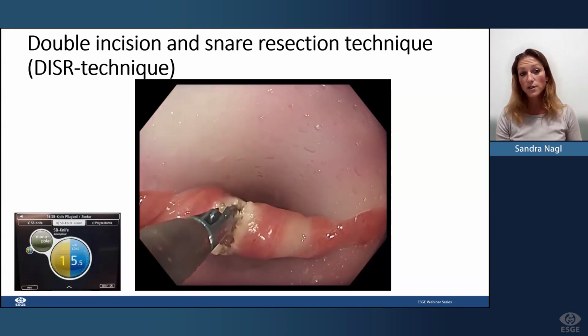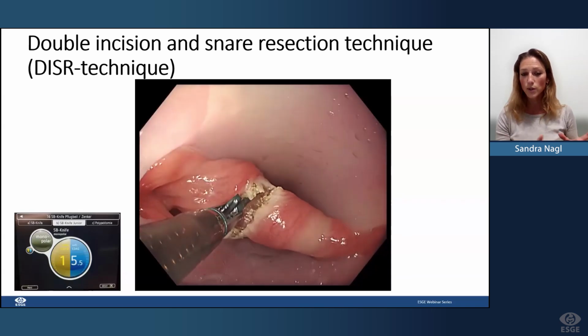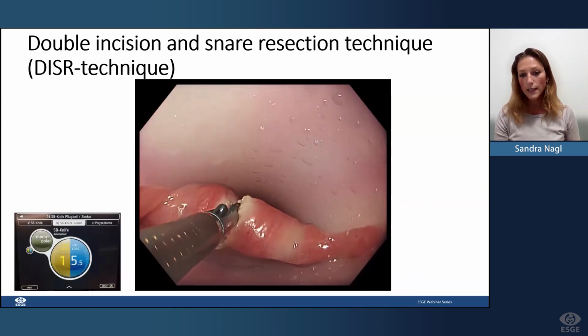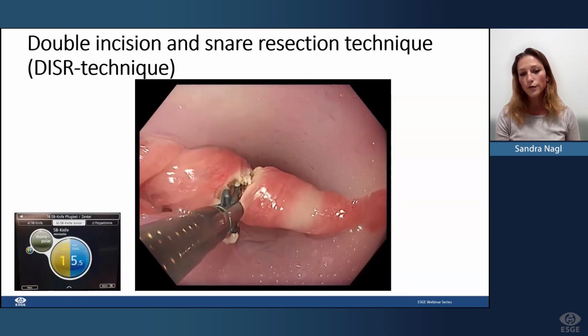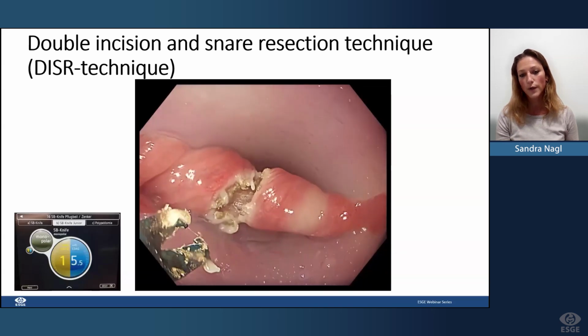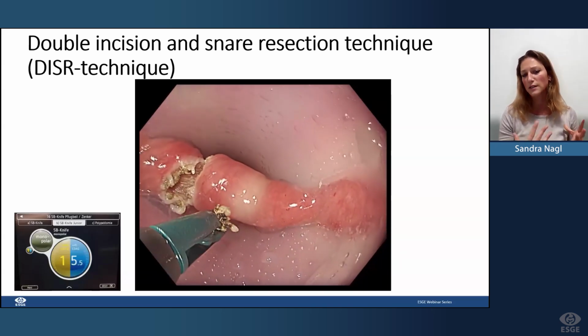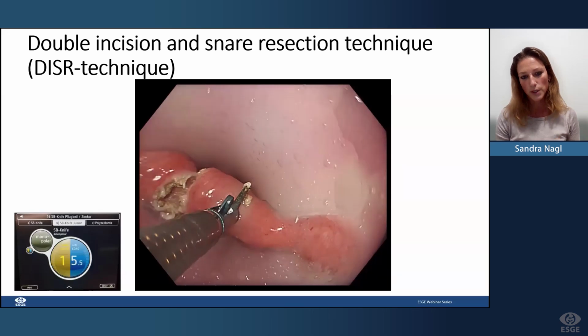For the double incision and snare resection technique, you start at one side of the septum, and you perform a myotomy of the cricopharyngeal muscle to a depth of about one centimeter.